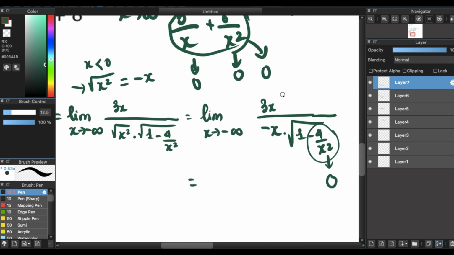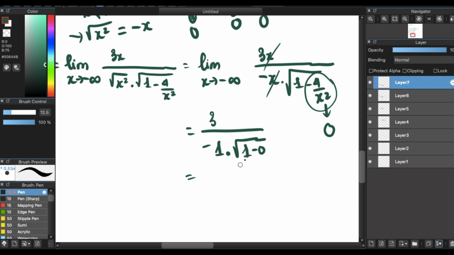So we can conclude that the limit of this function is going to be 3 over minus 1 multiplied with the square root of 1 minus 0, and it's going to be minus 3, right?